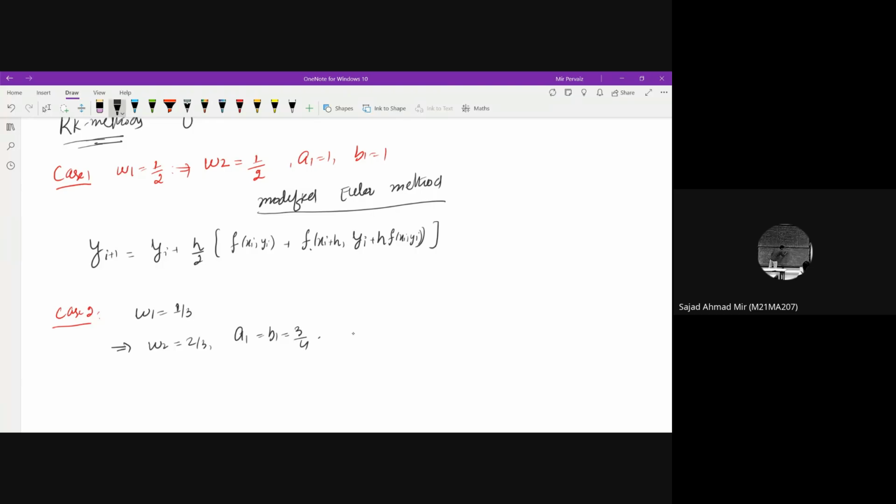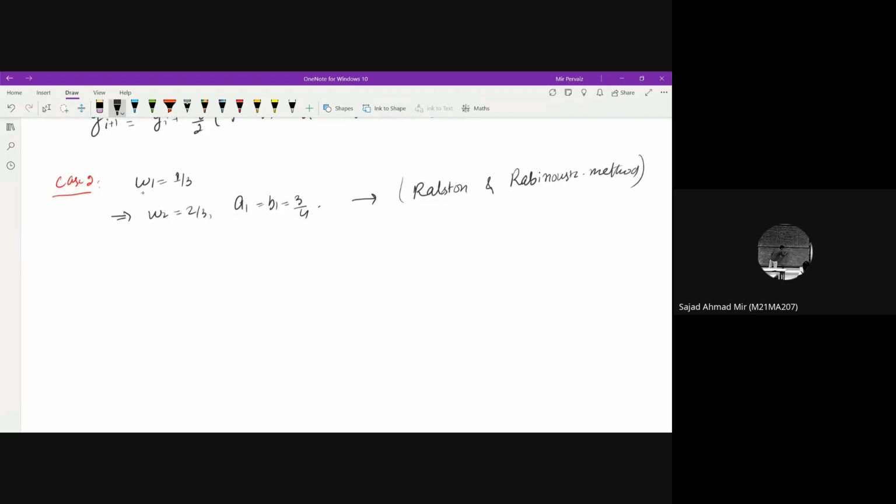If you go for these specific values, you will get a scheme which is called Ralston, and some other name is also there, some big name is there.